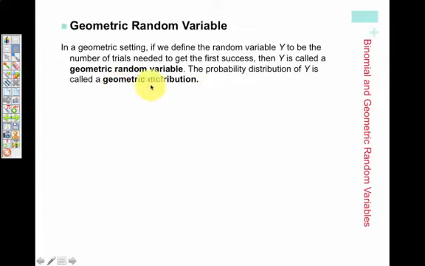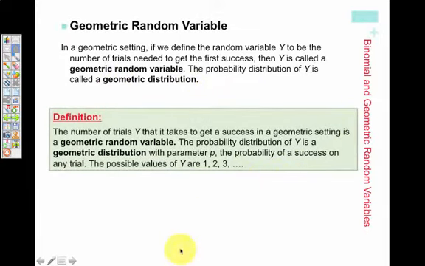So we have this geometric distribution, and we're going to look at what that looks like. It's the same sort of notation, but we're looking at the number of trials y. So our random variable is y, and that is representing how many trials we need to do until we have a success. So the smallest value of y that we could have is 1. That should make sense.